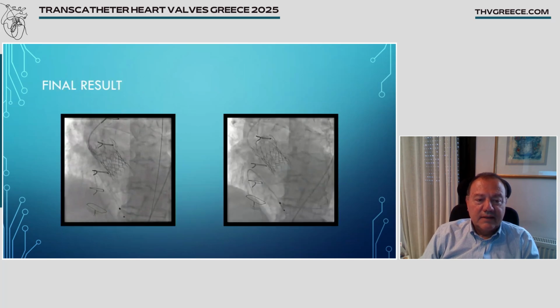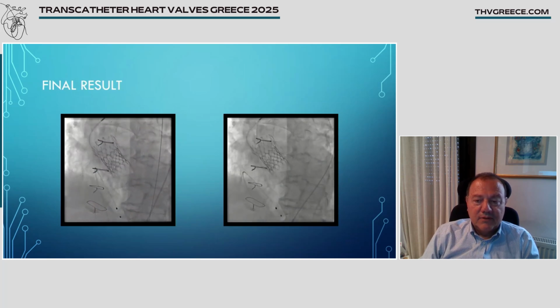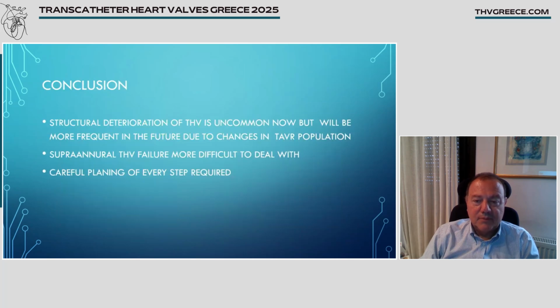The final result showed that there is no aortic regurgitation, and both coronaries were patent without problems.